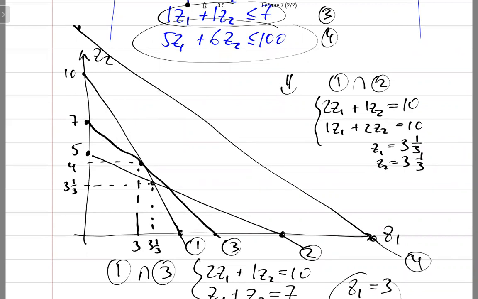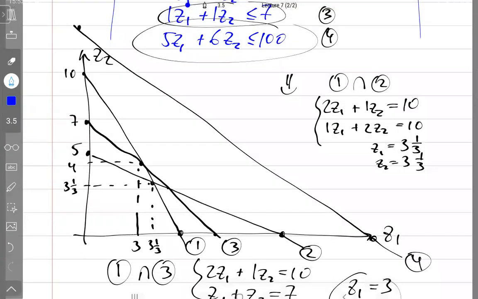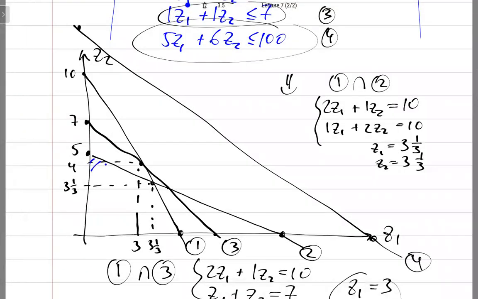Now I draw my region, where the allowed region is located. I see that my optimization region is here. How do I know that I should paint this figure?